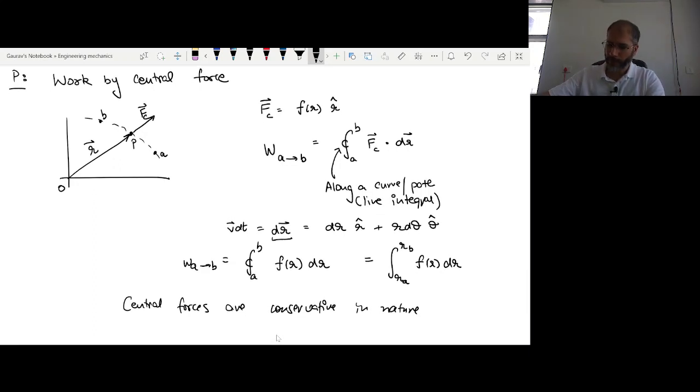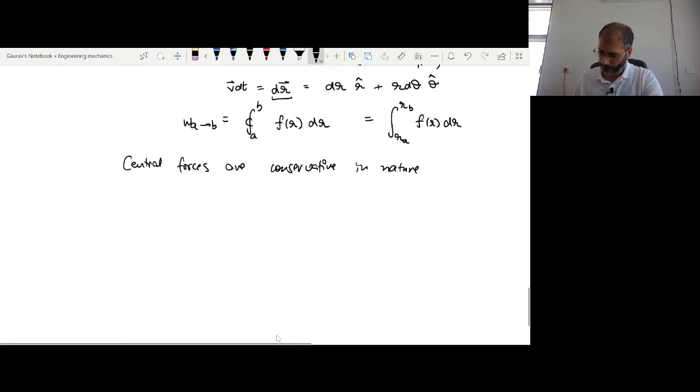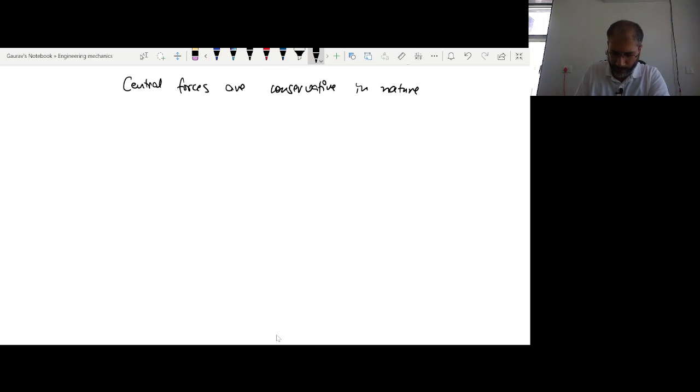Now that we've talked about conservative forces, let's talk about non-conservative forces as well. So let's solve a problem on non-conservative forces. Let's take a non-conservative force F, some expression.